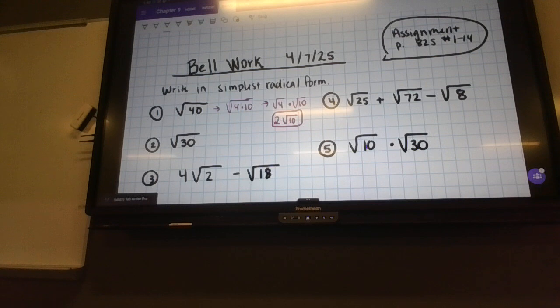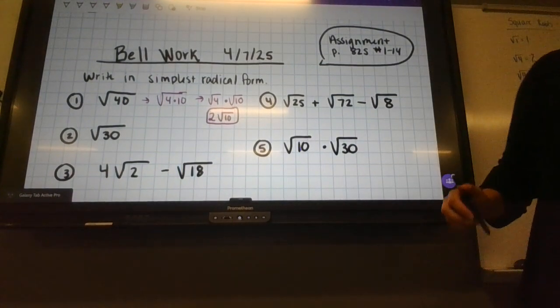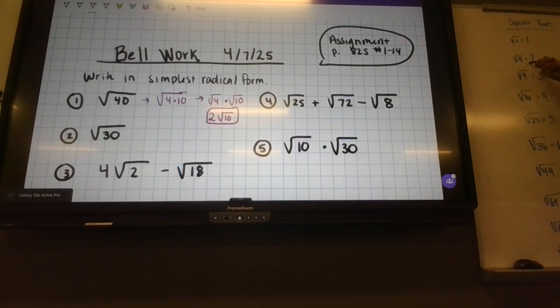Number 2, the square root of 30. So does 30 divide by 16? No. Does it divide by 9? No. 4? No. 30 is a trick.